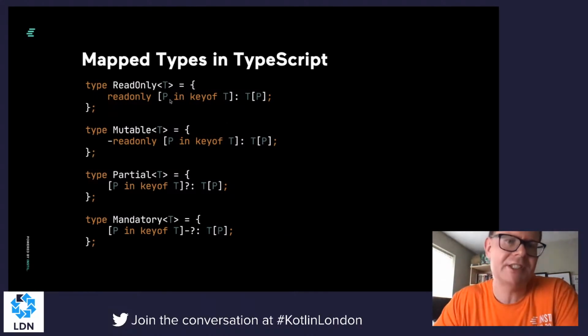If I just said P in keyof T, T[P], then I just get a type which is absolutely identical to the original. But you see here what we're doing is we're saying readonly, so I'm adding the readonly modifier.